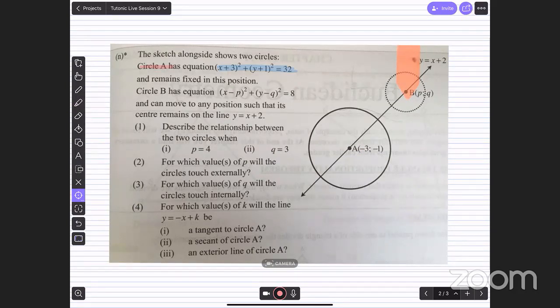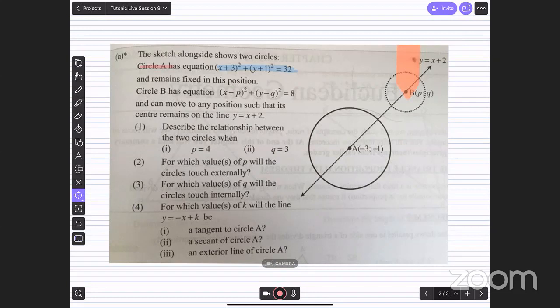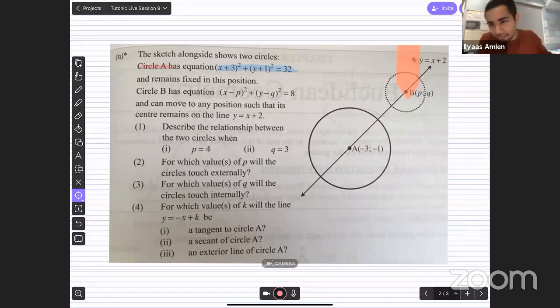Because the equation is x minus a and y minus b, so it's the negative of whatever the number is. Say x minus -3. That's how you must think of it. So it's x minus a, and a is -3, so it's going to be x plus 3.